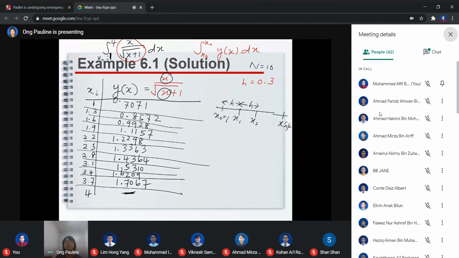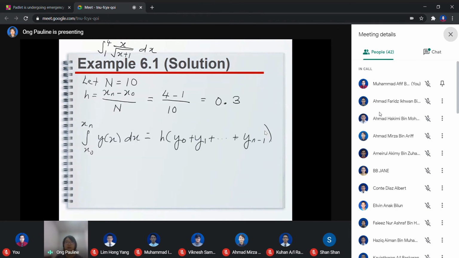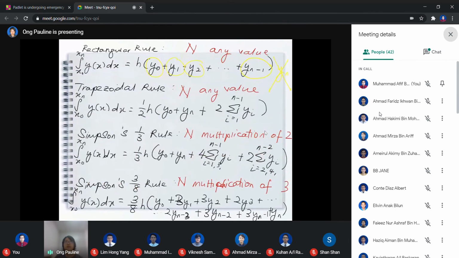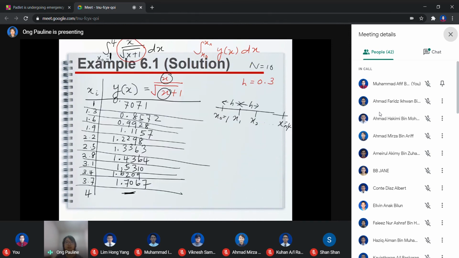Now let us refer back to the equation of the rectangular rule again. For the rectangular rule, you need to multiply h into the summation of y0, y1, y2 until yn minus 1. Therefore, I will add another row here and put a summation form.